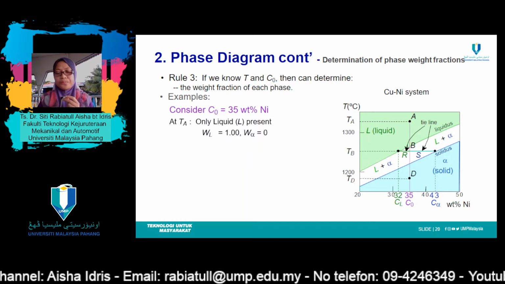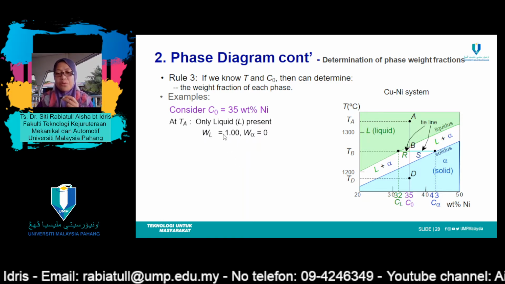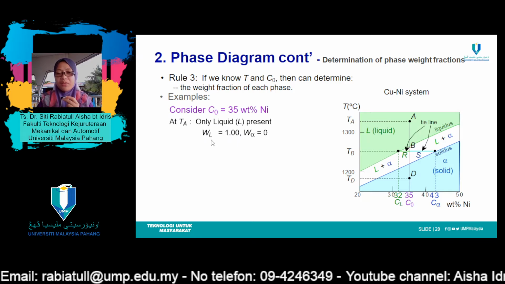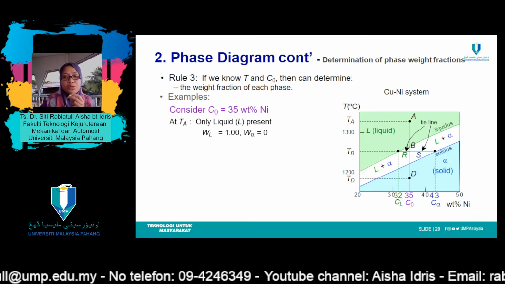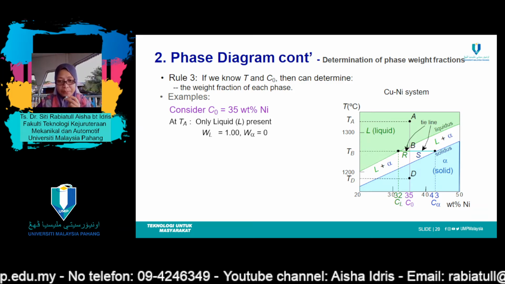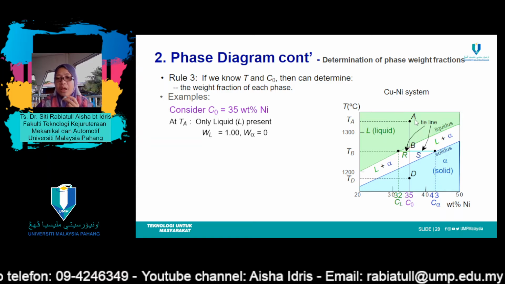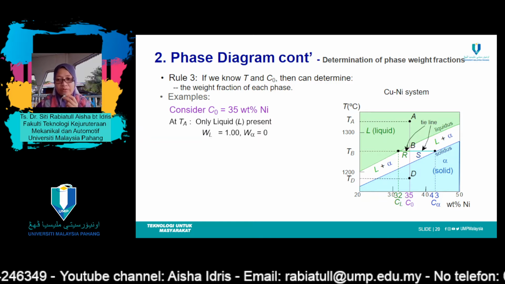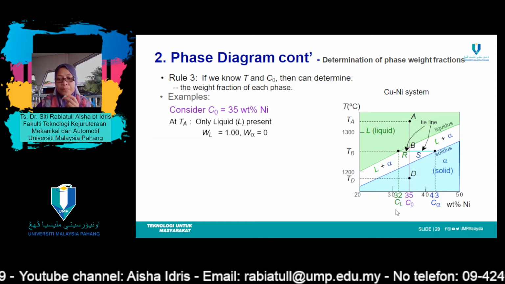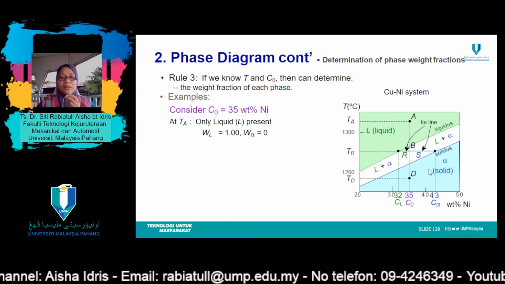At point A just now, the weight fraction for liquid is equal to 1, or 100%. So 100% liquid, or W L equals 1. Remember the formula for liquid just now, S divided by R plus S.